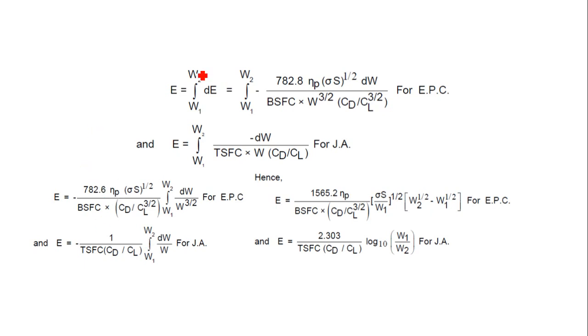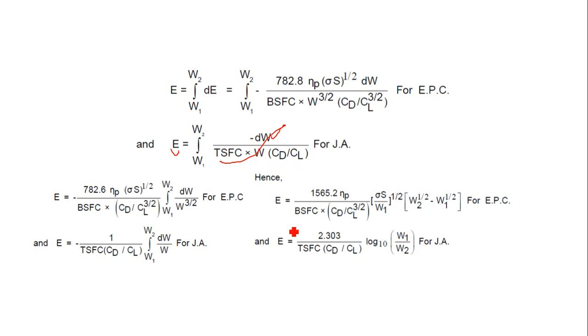So the equation becomes integral of W1 to W2 of minus 782.8 into eta p sigma S whole power 1 by 2 dW divided by BSFC into W power 3 by 2 CD by CL power 3 by 2. And for jet endurance we will have minus dW divided by TSFC into W into CD by CL.